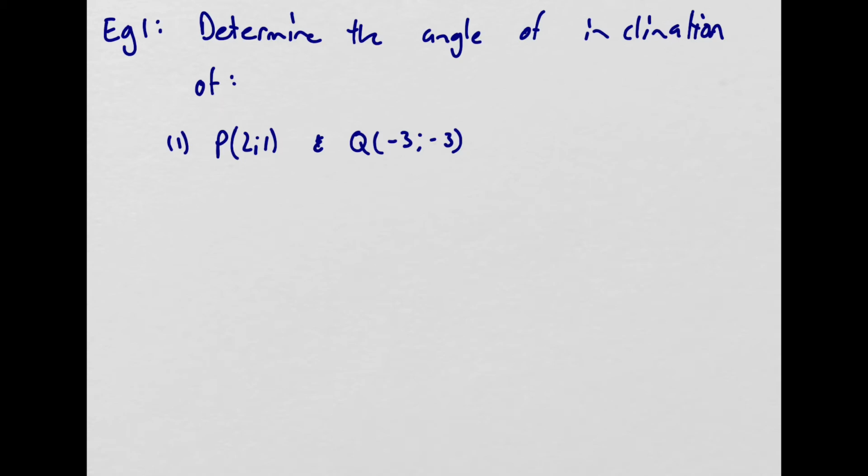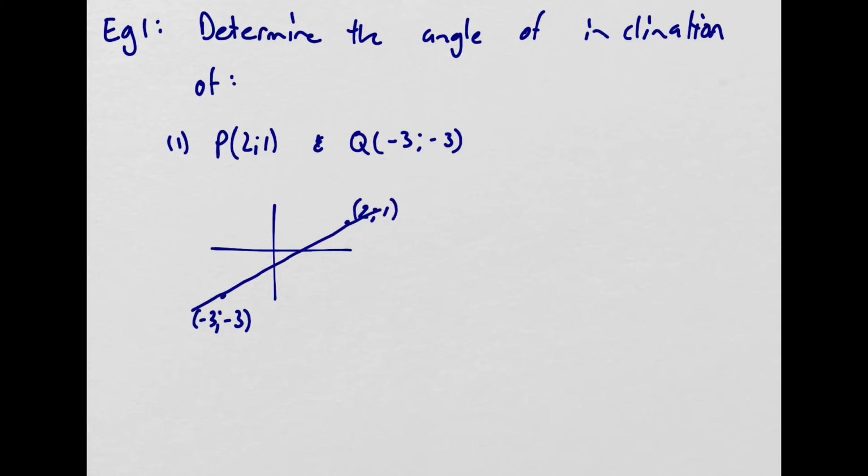Okay, so let's look at a straight line. Our straight line is going from (-3; -3), so I'll put a (-3; -3) here. And the other point is given as (2; 1), so maybe about there. Okay, and that's our straight line.